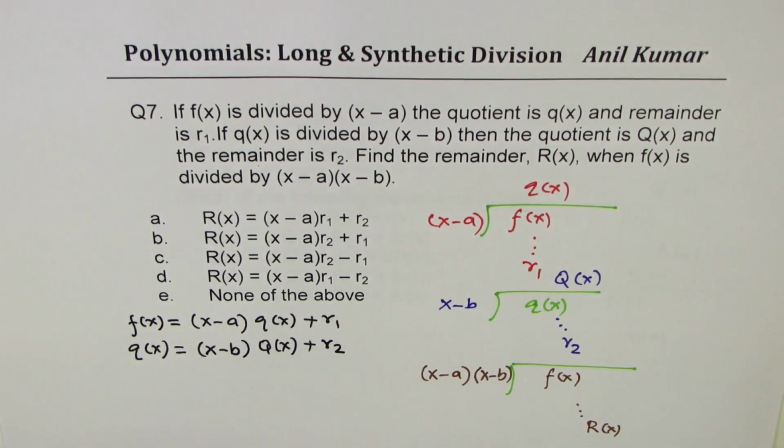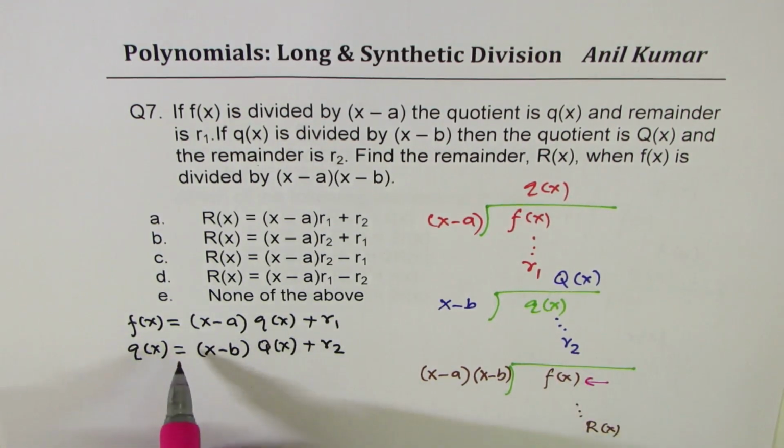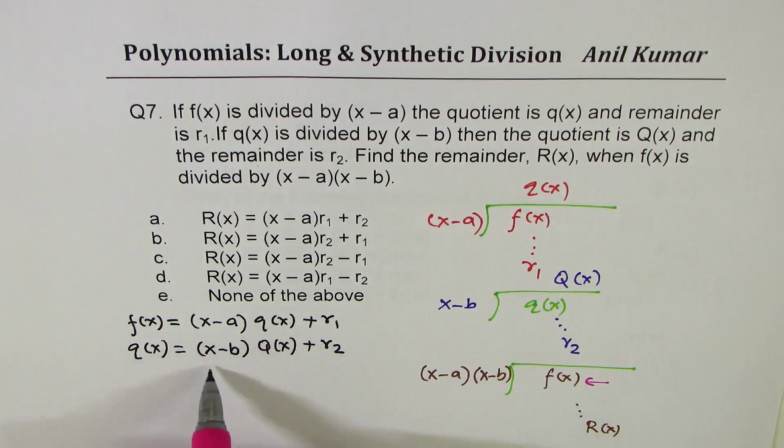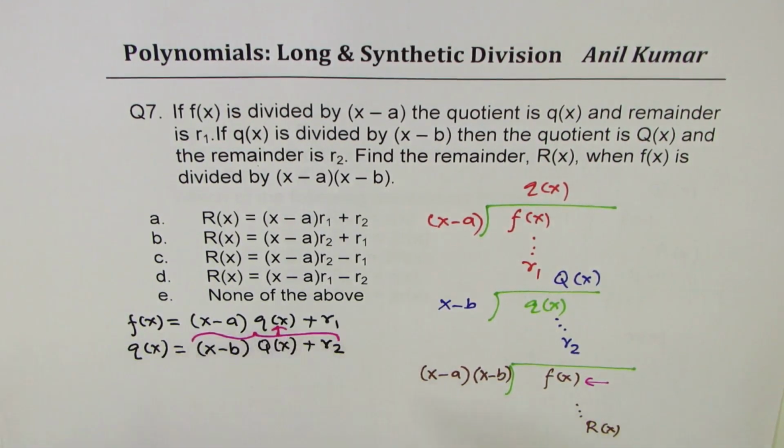Is it okay? Now we can substitute this Q of x value back into the very first equation and get the final remainder, right?